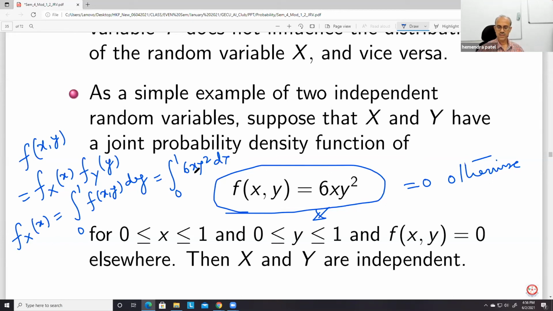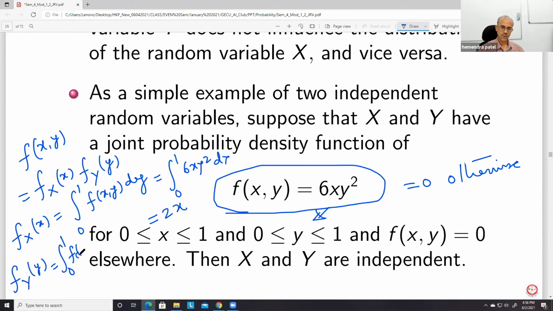So 6x will be treated as constant here because we are integrating with respect to y. Then this becomes y cubed by 3, and if you take the limit, it becomes 1 by 3. So what we get then? 2x.